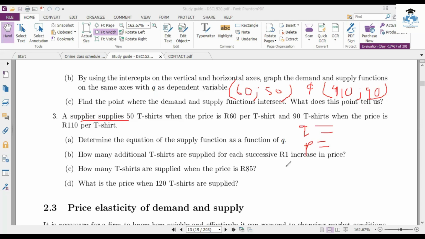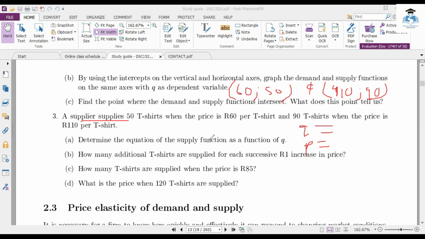Actually, the price determines the quantity because it's a positive relationship. The higher the price, the more shirts are supplied; the lower the price, the fewer shirts are supplied.